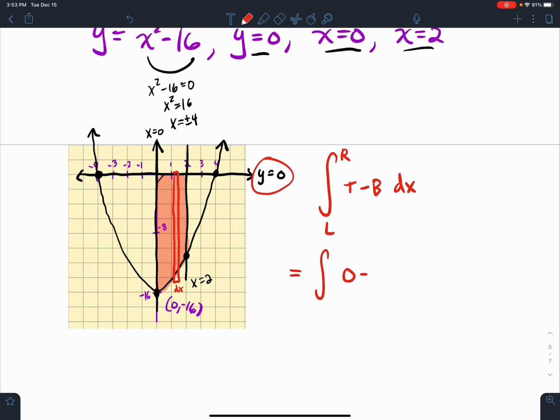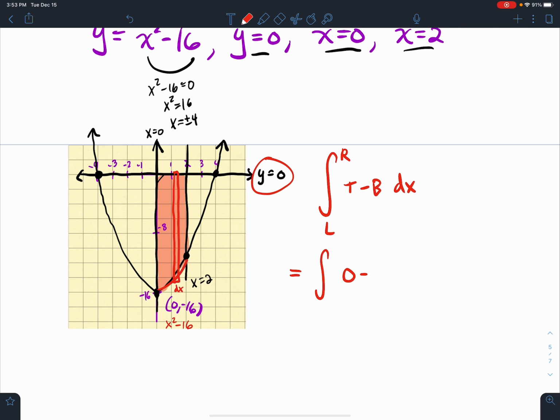Well, the bottom there is x squared minus 16, right?